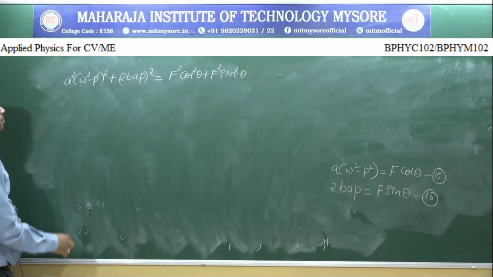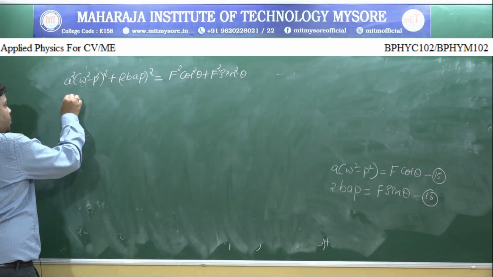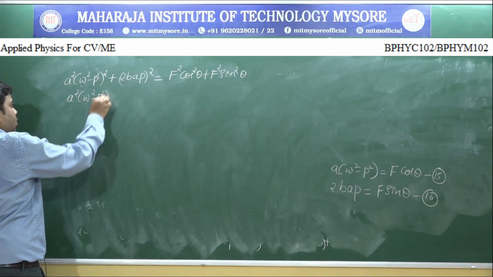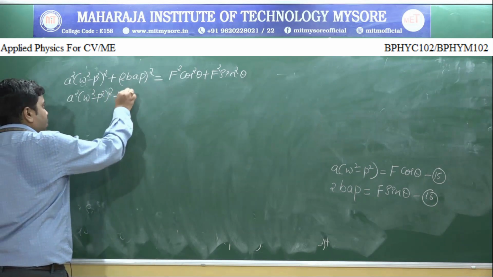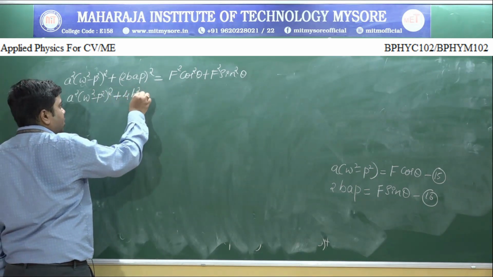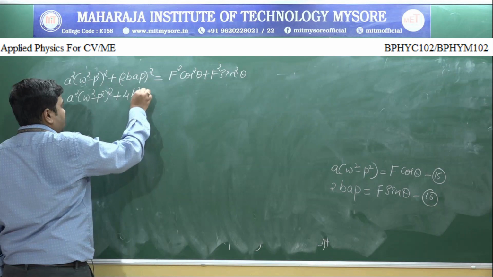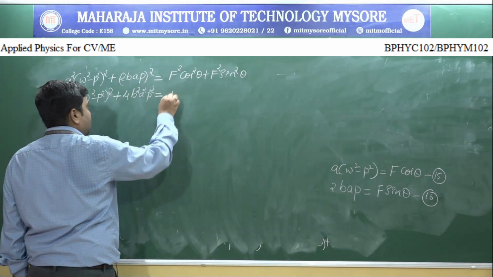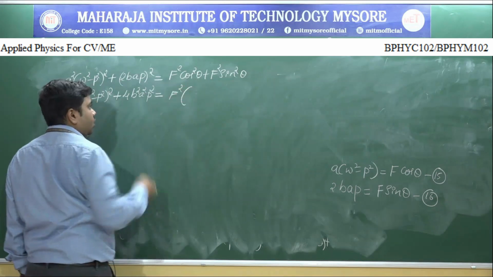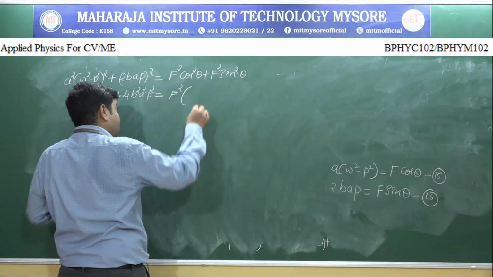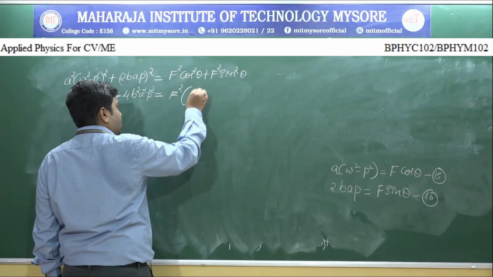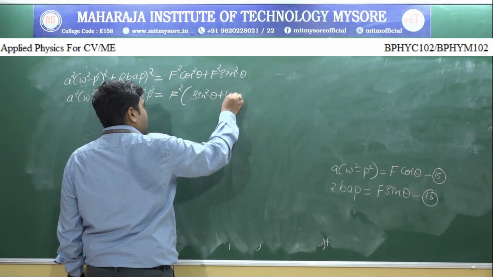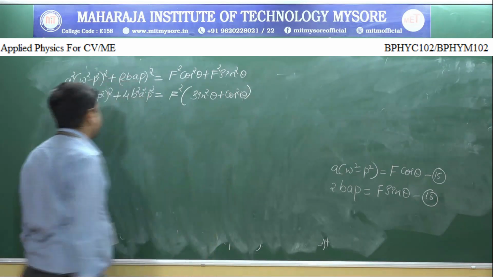Now we will simplify this further. So this is A²(ω² − p²)² + 4b²A²p² is equal to F²(sin²θ + cos²θ).